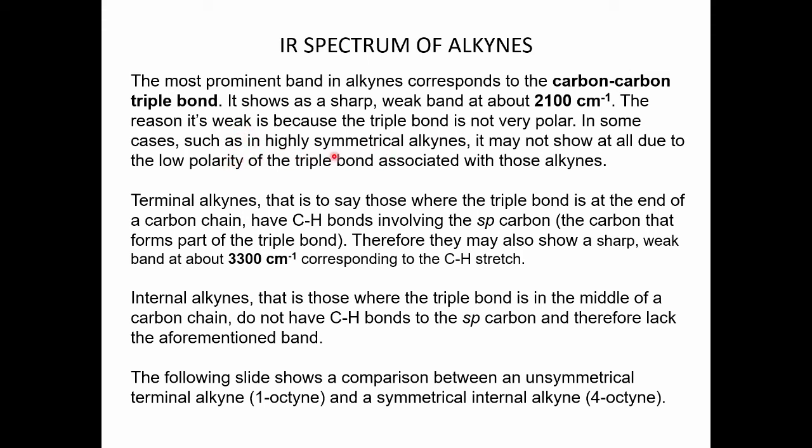However, we might have a very highly symmetrical alkyne, and if that's the case, we may not be able to see anything at all. So if we have an alkyne that is near the periphery of the molecule, then we can think about seeing it on the IR spectrum.